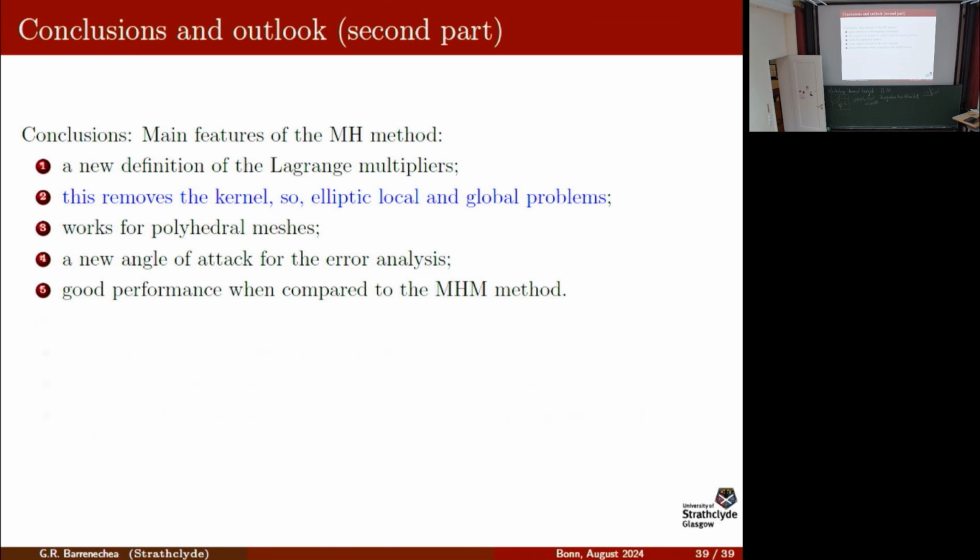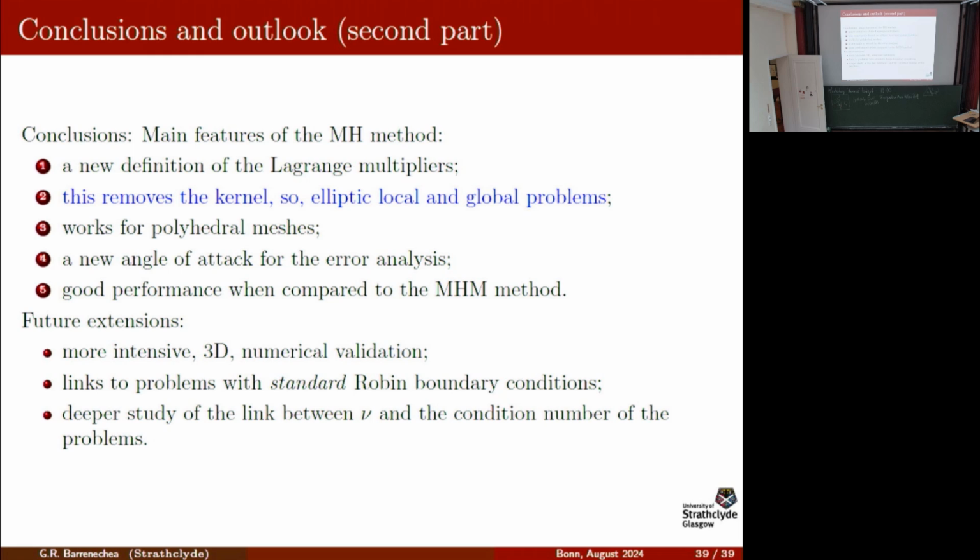So by removing the local kernel, it removes the mixed character of the method in the coarse partition. Of course, it worked for polyhedral meshes. We also made a couple of points about the error analysis, but I'm getting tired and I guess that you're getting hungry, so I'm not going to give details on that. And it has a good performance.